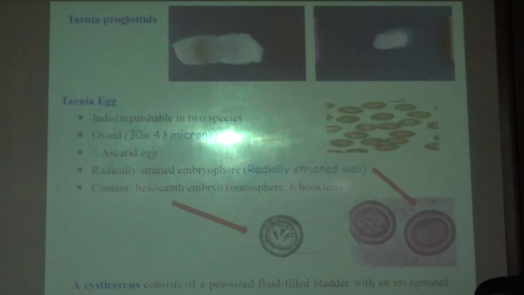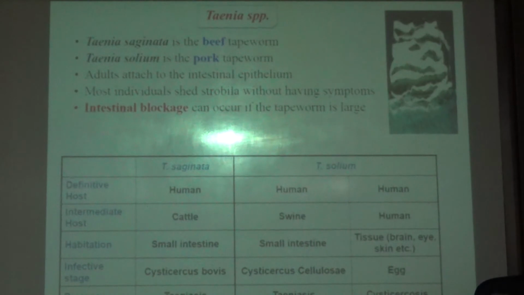So we have two conditions associated with this Taenia solium, and again, as there is very little time, I cannot go into the details now. Adults attach to the intestinal epithelium and they develop there. Now if you see Taenia saginata and Taenia solium, the important thing is the infective stage. For Taenia saginata, it is Cysticercus bovis, and for Taenia solium, Cysticercus cellulosae.